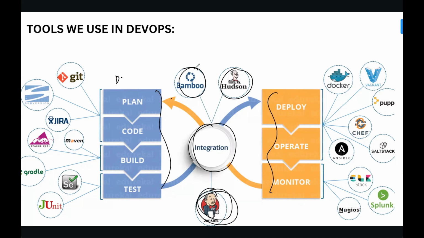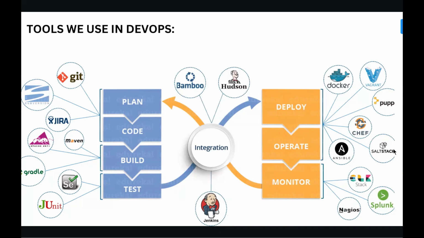For integration purposes, we are going to learn Jenkins. As alternatives to Jenkins, we have Bamboo and Hudson, but nowadays no one is using Bamboo or Hudson; everyone is using Jenkins. So in our course, we are going to learn Jenkins. Is it clear for all of you? What type of tools we have and what we are going to learn in our course?